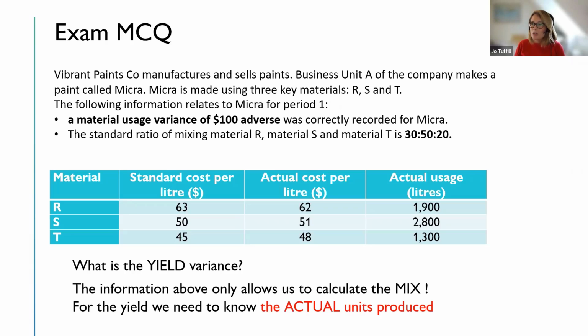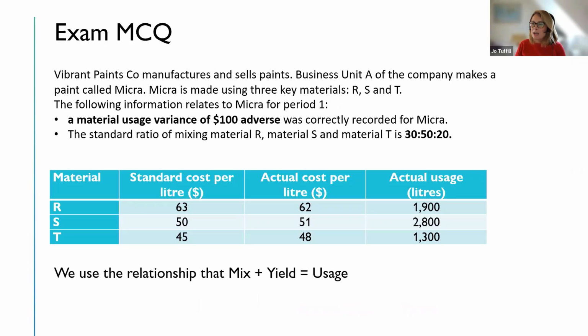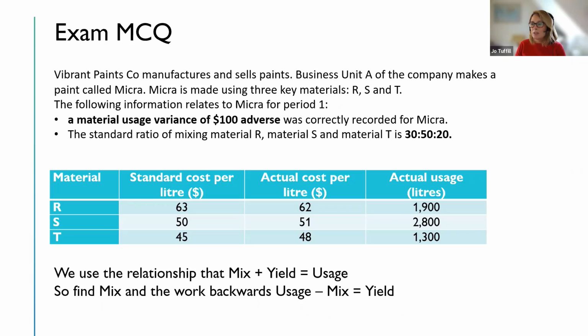But what you've got to do is use this combination. The relationship that mix plus yield equals usage. And they've given you the usage variance. So you find the mix and work backwards to get the yield by doing usage minus mix equals the yield variance.